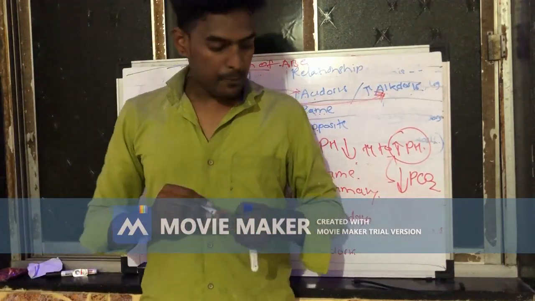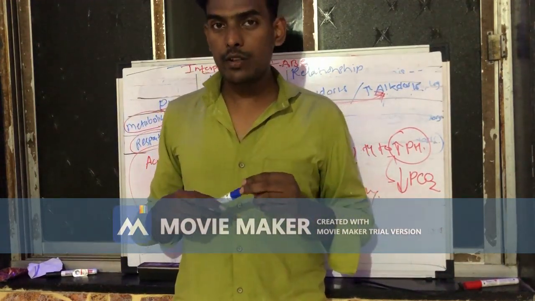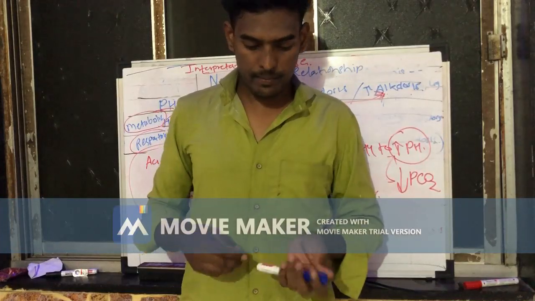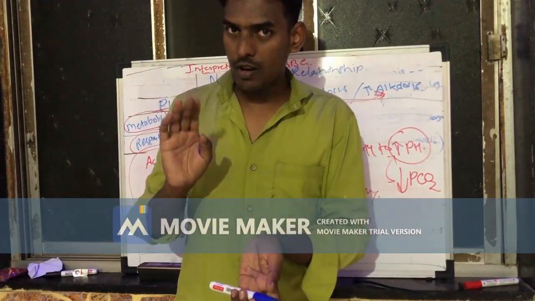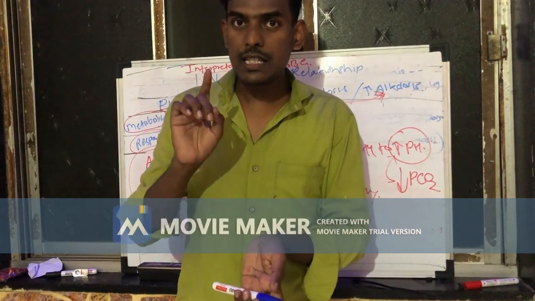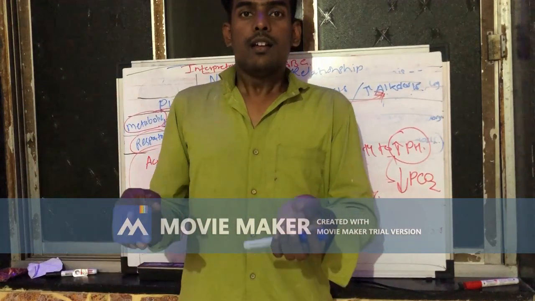See, come to the original case. I am a diabetic patient and I am having diabetic ketoacidosis and I came to the emergency department. My ABG is showing metabolic acidosis. What is that? Metabolic acidosis means HCO3 is less, pH is less. What did I do?